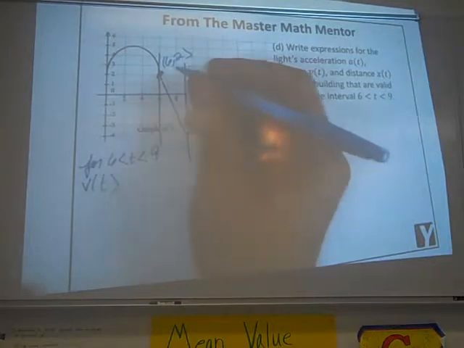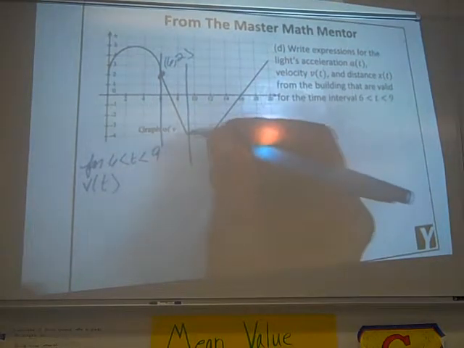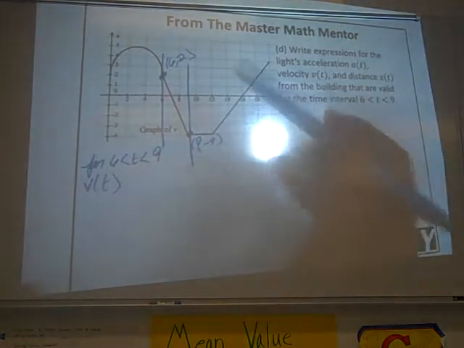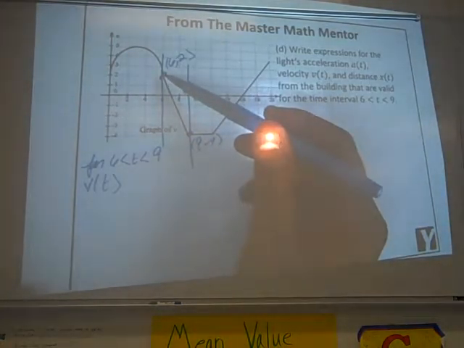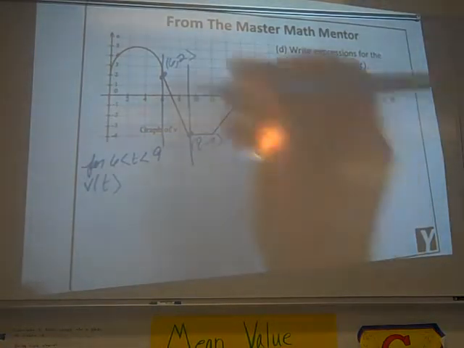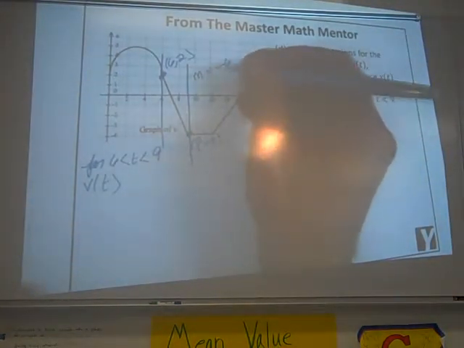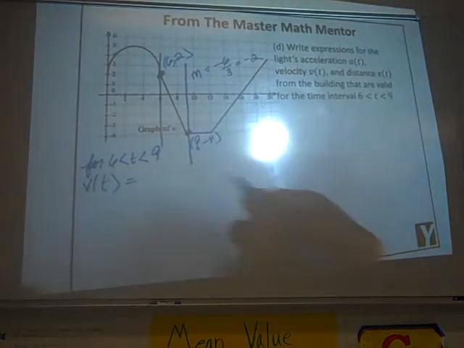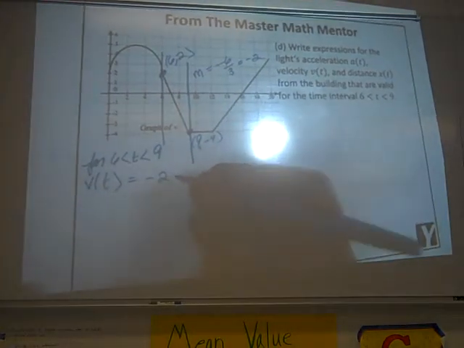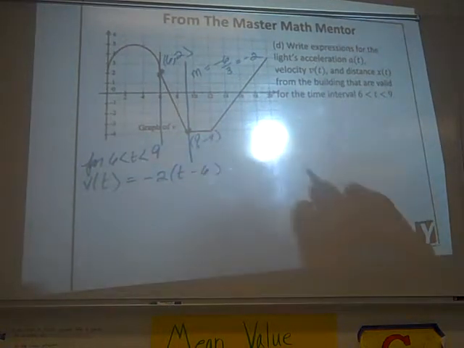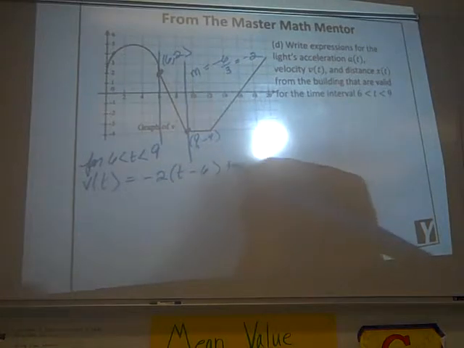To find the slope, I need another point. How about this guy over here? This is the point (9, -4). To find the slope, I do rise over run, so I'm going to go down 6 and right 3. The slope is -6 over 3, which is -2. So I'm going to write my velocity as my slope, -2, times parentheses, not x minus 6, t minus 6, plus 2.